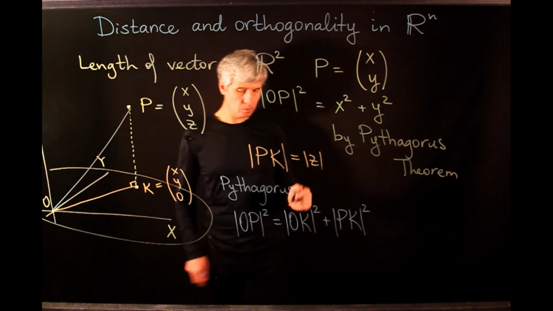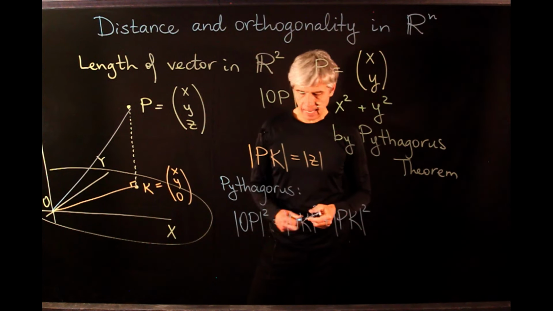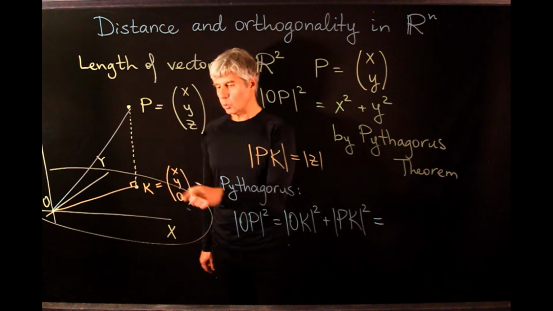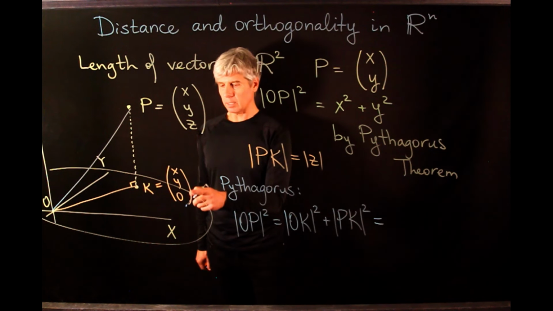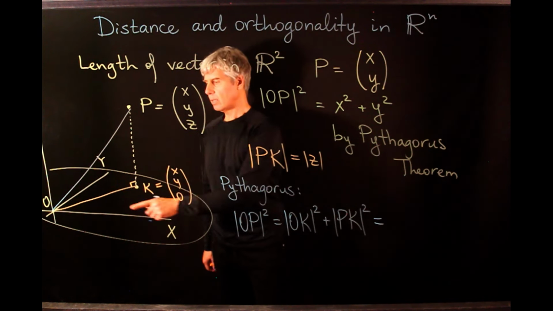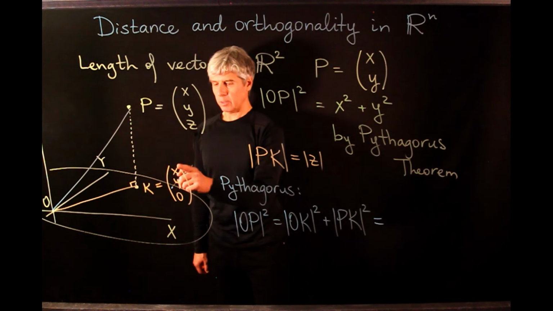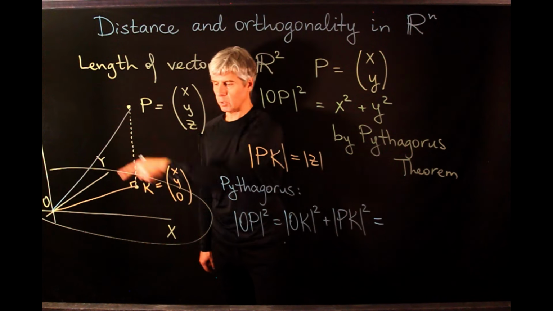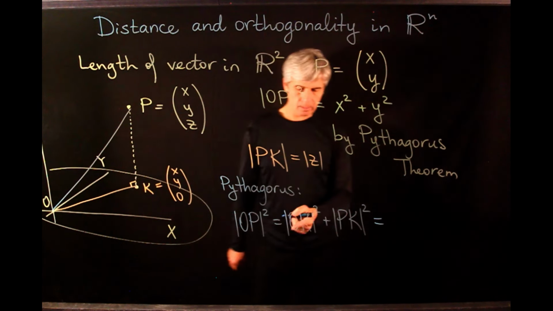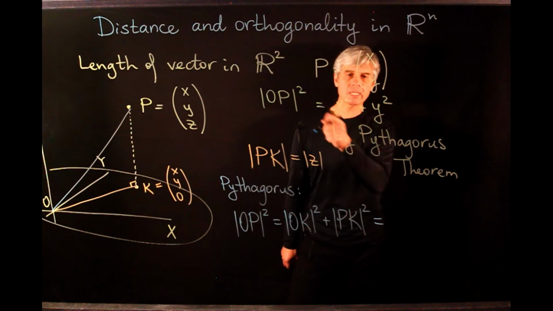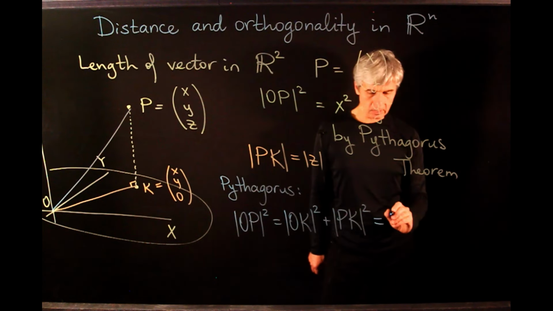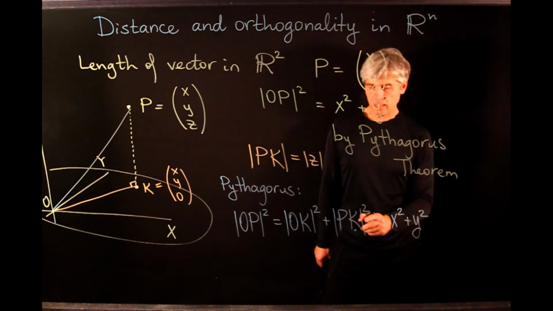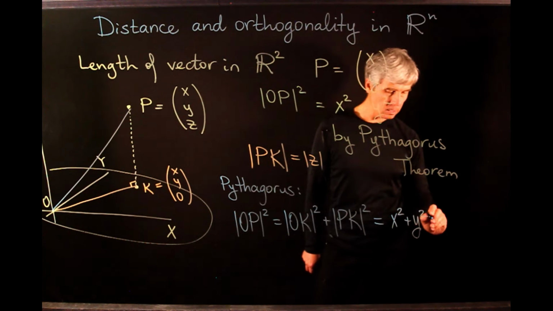By the two-dimensional result, we know that in this plane the distance between O and the point with coordinates x, y, well, this 0 is irrelevant when we talk about the xy plane, so OK squared is equal to x squared plus y squared, and PK squared is equal to z squared.